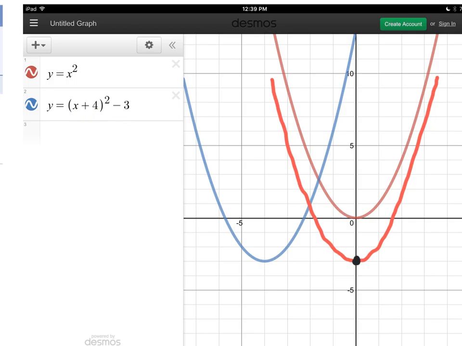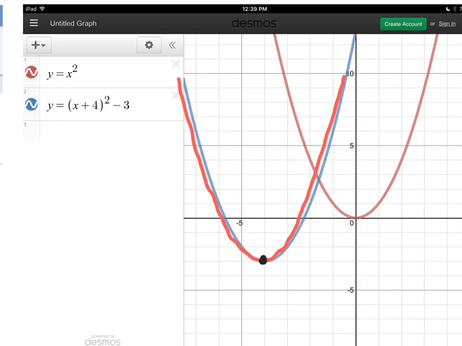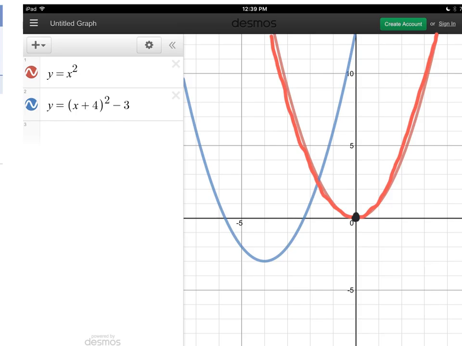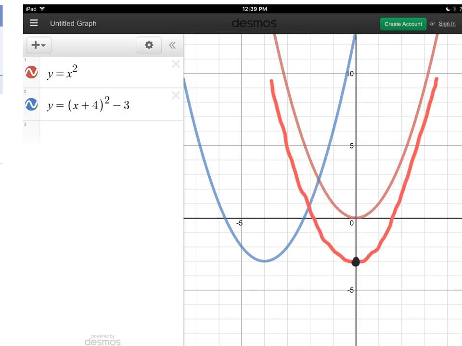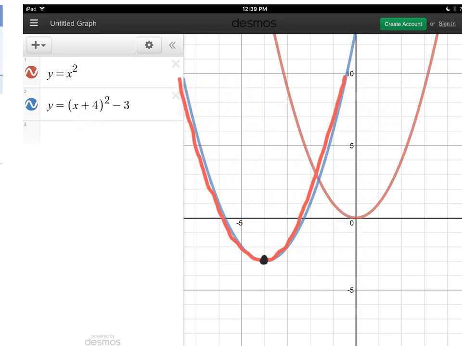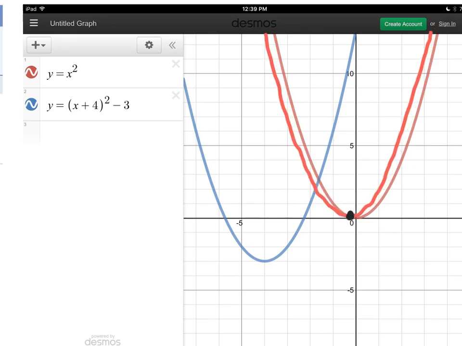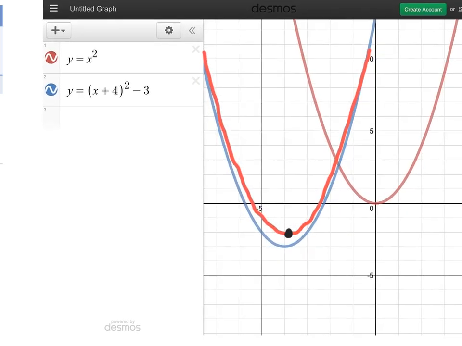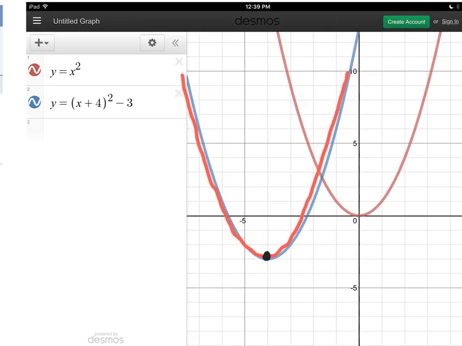It causes it to move to the left 4. So the minus 3 causes it to drop 3, and then the plus 4 causes it to move 4 to the left. All right, so that's how it gets transformed.